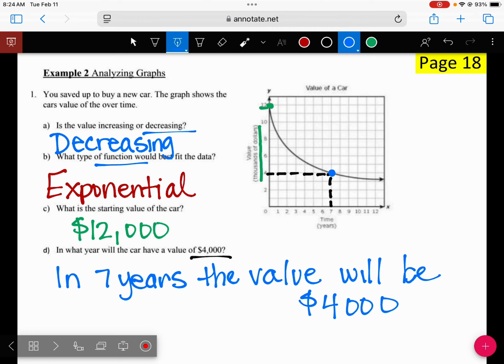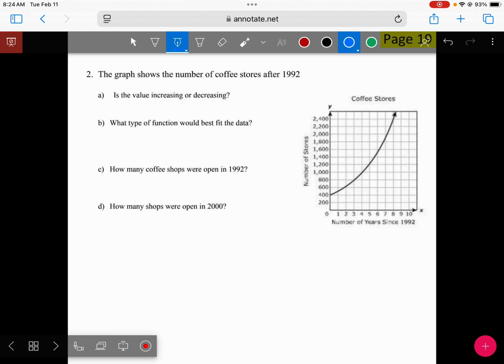All right, let's see how we did. Everyone who I saw wrote that it was increasing. Okay, so we all agree that it's increasing, so that's good.